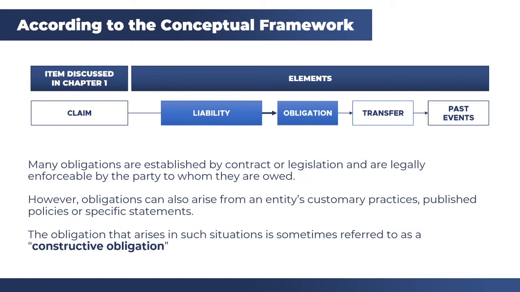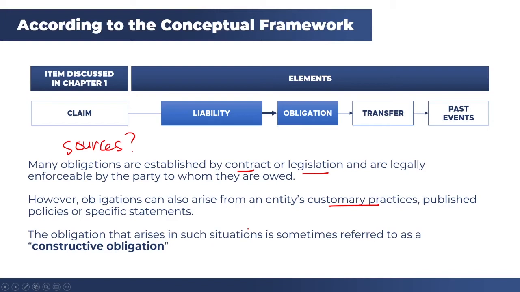So, what are the sources of these obligations? Many obligations are established by contract or legislation and are legally enforceable by the party to whom they are owed. However, obligations can also arise from an entity's customary practices, published policies, or specific statements, if the entity has no practical ability to act in a manner inconsistent with those practices, policies, or statements.